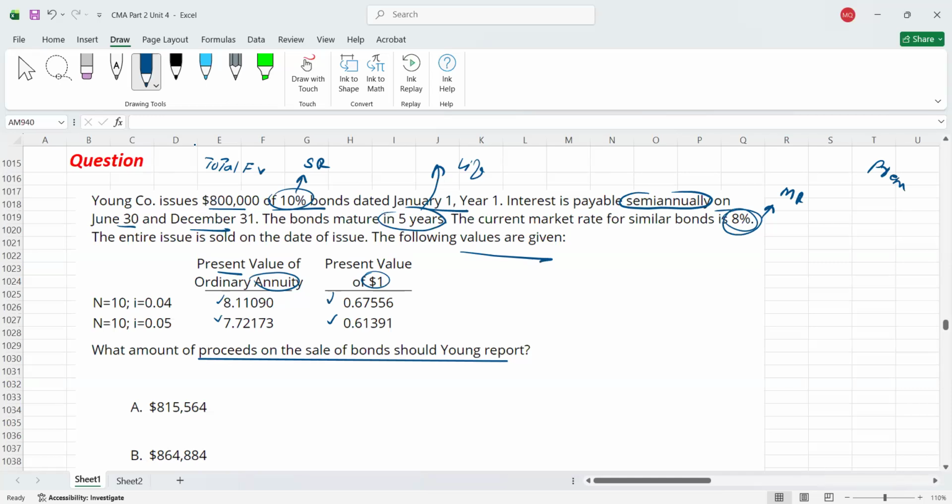So guys, please remember, whenever you get semi-annual payments, you need to adjust three things minimum.